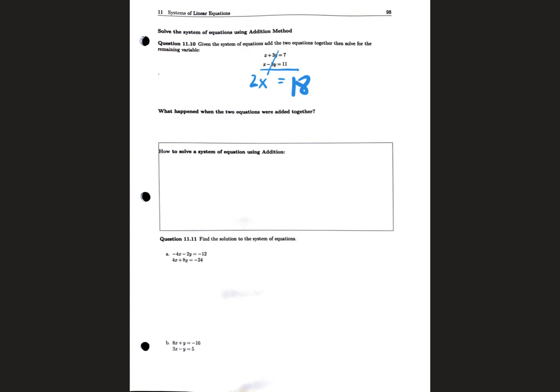So now we have only one variable left. If we take that equation that we're left with and solve for the remaining variable by dividing both sides by 2, we get x equals 9. So we just found what x equals really fast by just adding the two equations together and solving for x. If we wanted to, we could go back and find the y value. It doesn't ask us to do that, so I'm not going to do that yet.